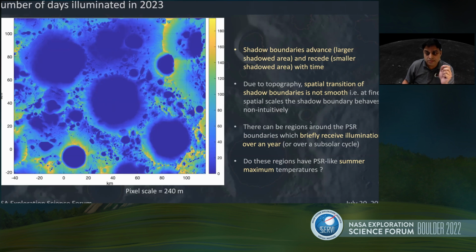There can be regions around the PSR which will very briefly receive illumination. So the question that comes naturally is: these are regions close to the PSR, but do they have temperatures like the PSR? Specifically, we're talking about the summer maximum, because that is the cutoff for where we want to analyze these volatiles, right?